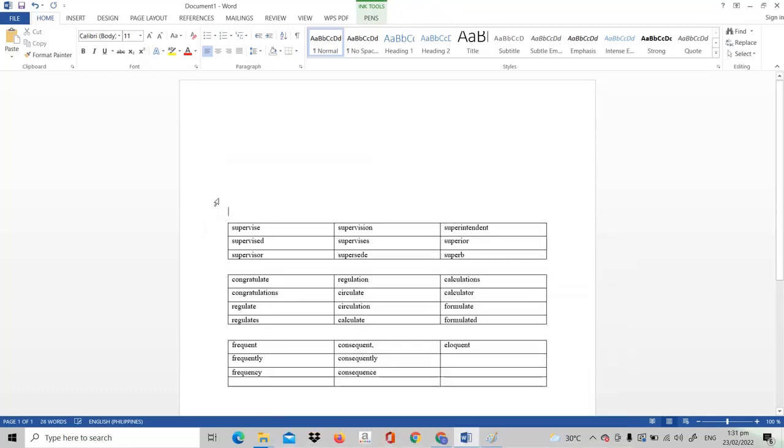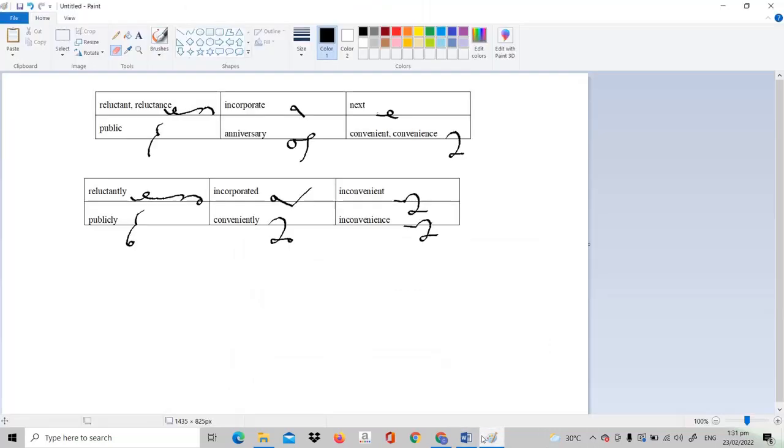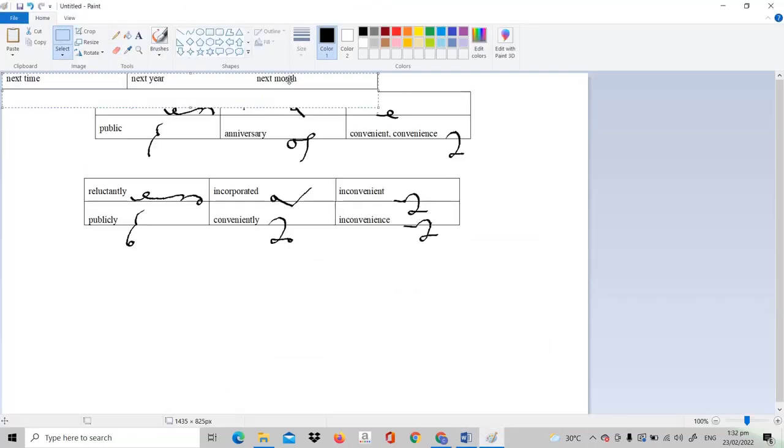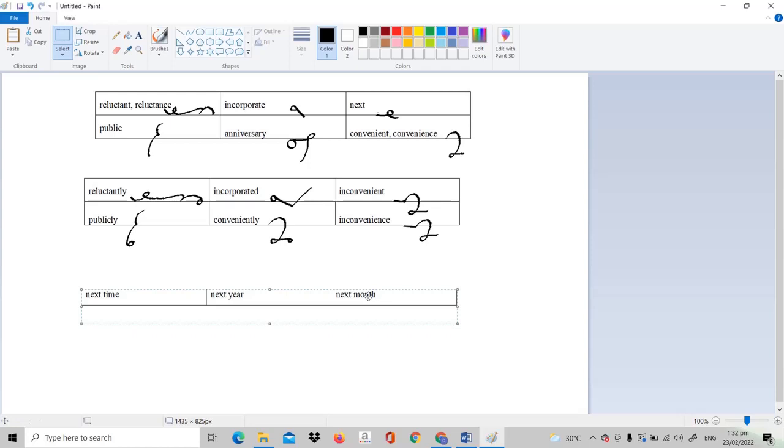And then also we have our brief form phrases. Ayan. So, we have next time. Wait, kasi parang mistake itong akin. Yung nasa module natin is parang mistake. Wait lang po. Sandali lang ha.